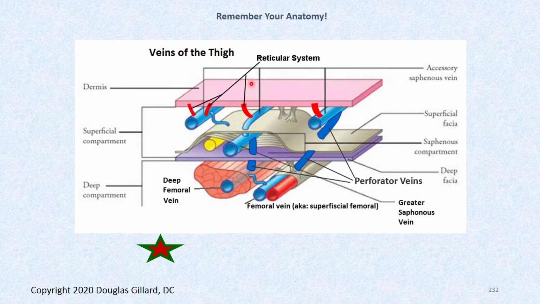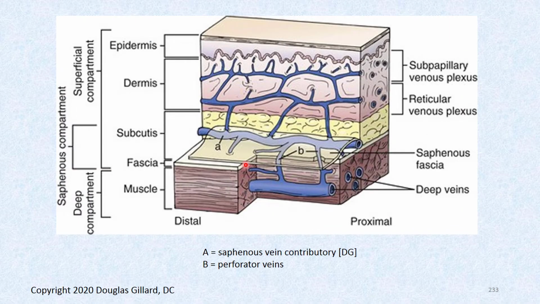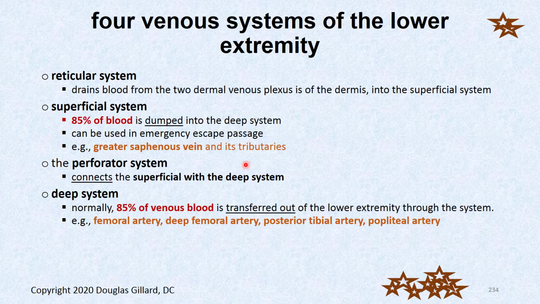And here's a little simpler cartoon where the dermal venous system dumps into the superficial system. These are the reticular veins. And then from there, it dumps into the deep system through the perforator veins. All right, so there they are, the systems again. I just explained these.